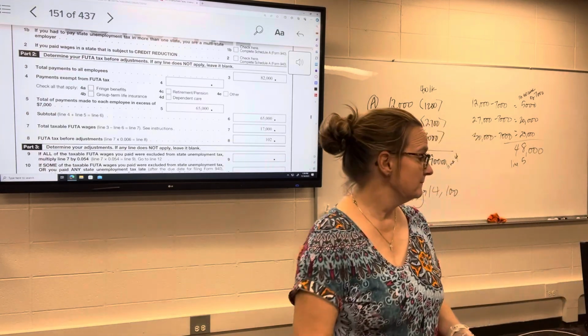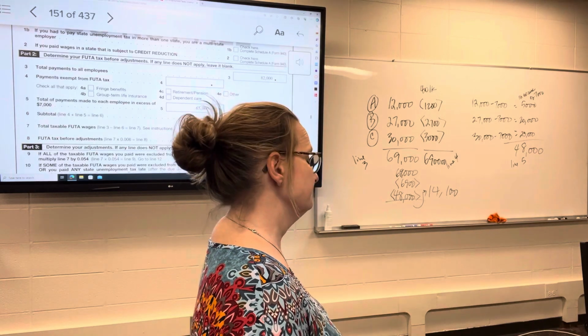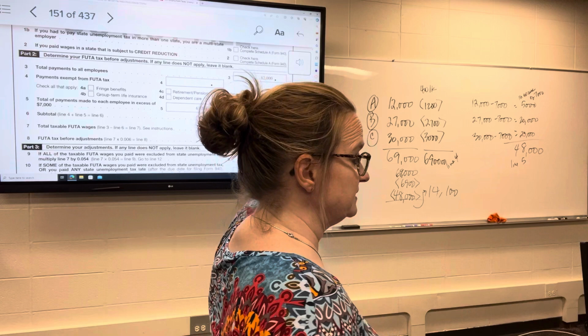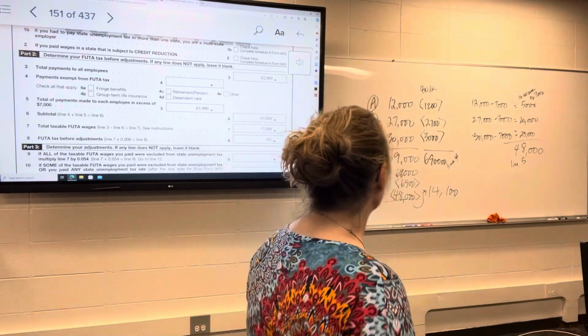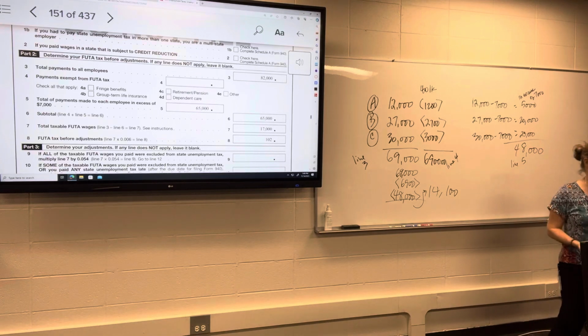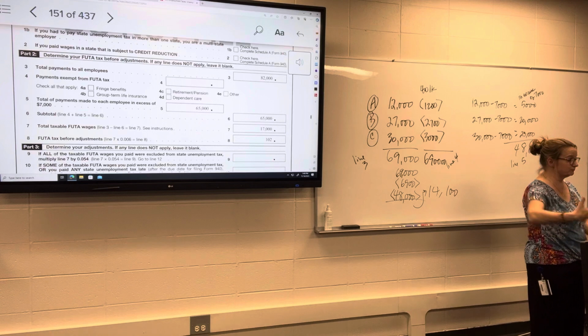For the total, could you just add up all the wages and then subtract 7,000 for each employee? You could, but you also have to take into account payments exempt from FUTA tax. So if somebody made $7,000 and then contributed $2,000 toward a 401k, that brings their taxable FUTA wages down to $5,000.